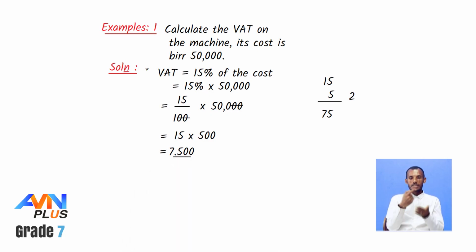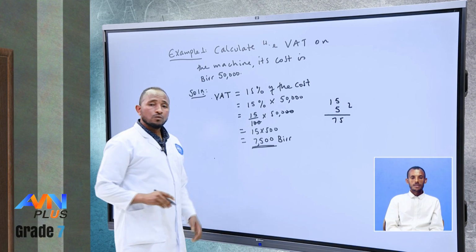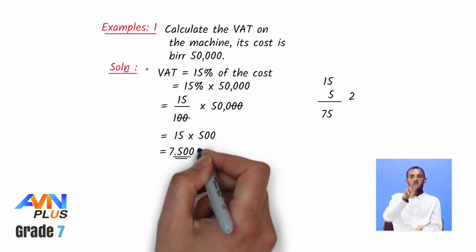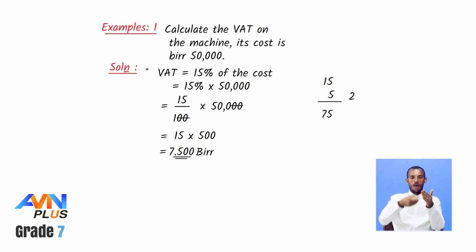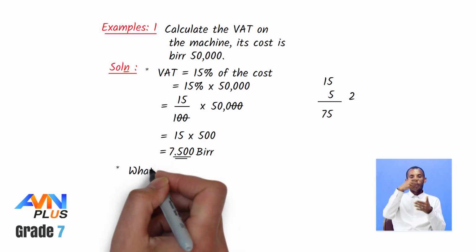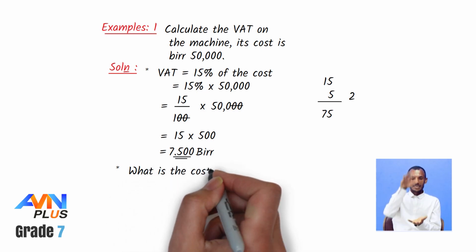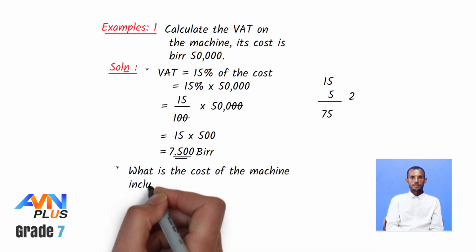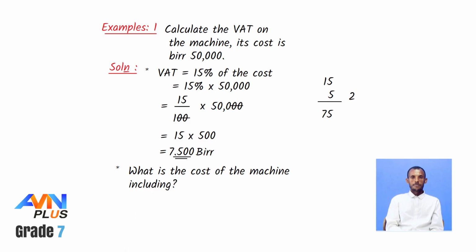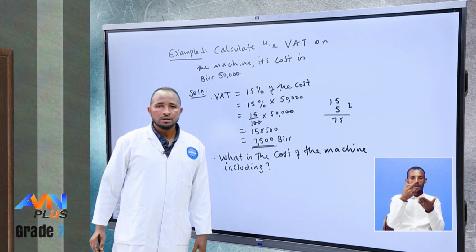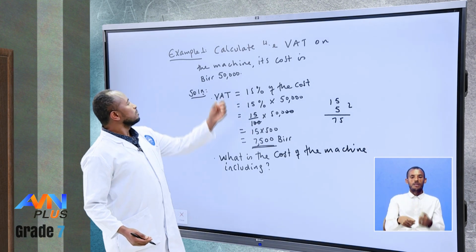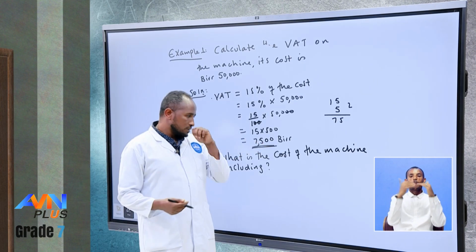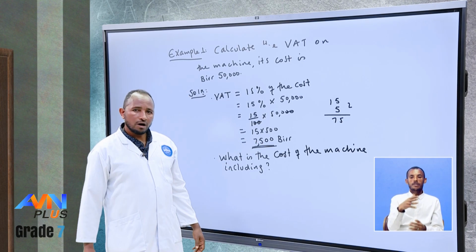So in this question, what will be the cost of the machine including VAT? The cost before VAT is this 50,000 and the amount of VAT is 7,500.